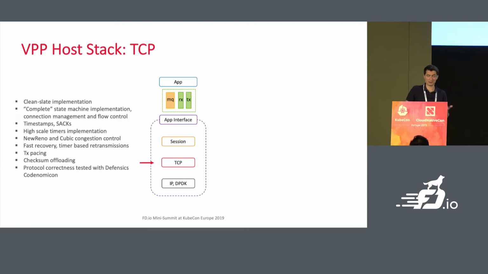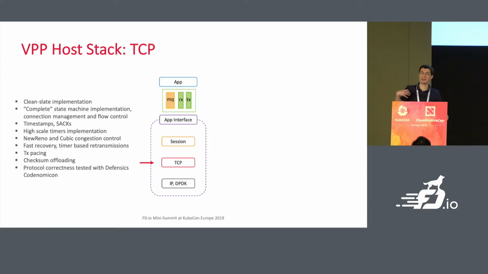Apart from TCP, UDP, TLS, you saw already a presentation from Ping, and recently since last release we have a basic implementation for Quick as well. It's still under heavy development, but the guys have done a tremendous job in a very short amount of time.